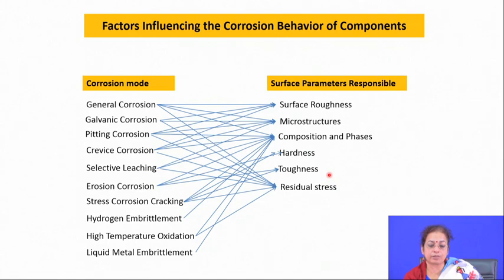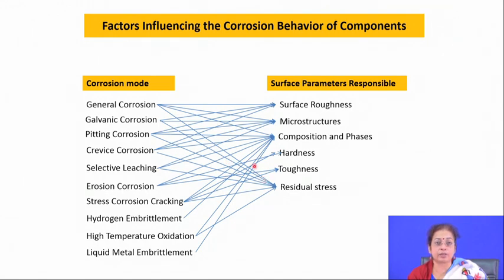Now, if you think of the effect of all these parameters on the general corrosion rate, surface roughness, surface microstructure, composition and phases, these 3 parameters are very important, and also residual stress. So these 4 parameters control the general corrosion behavior of the component.